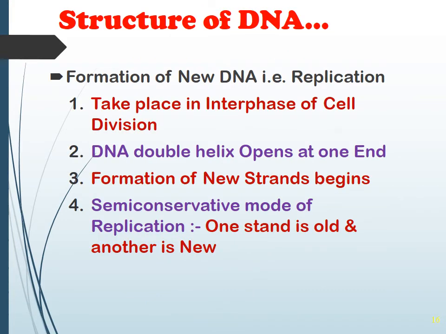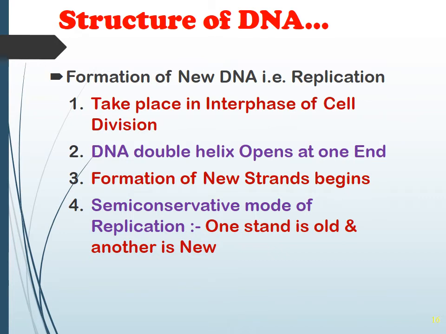Now students, whenever a cell divides, the first and foremost important thing is that the controlling center needs to be divided. And if the nucleus needs to be divided, the first step that takes place is the formation of a new DNA from the parent one. Formation of a new DNA, that is forming another copy of the same DNA, is called replication.